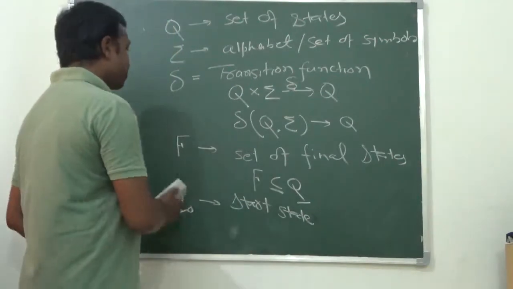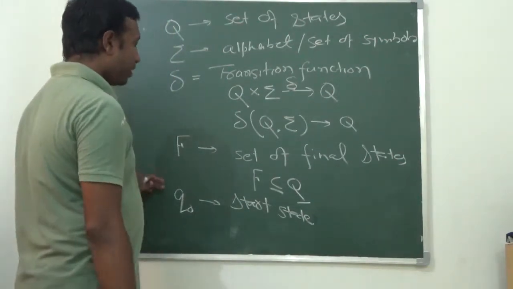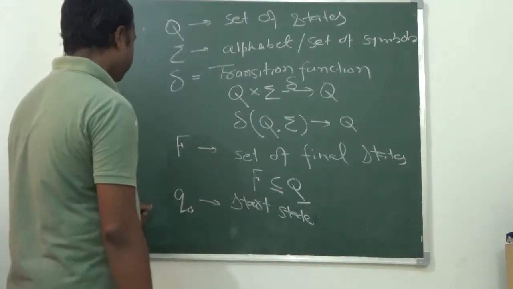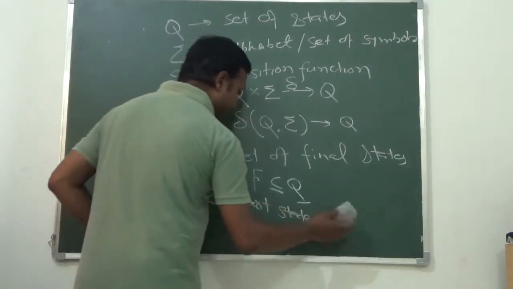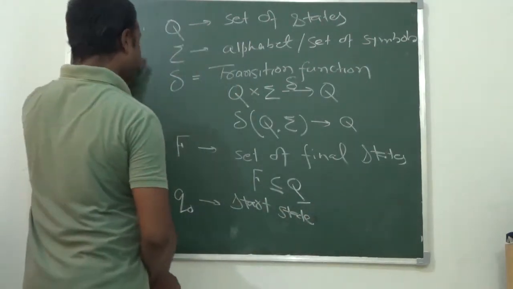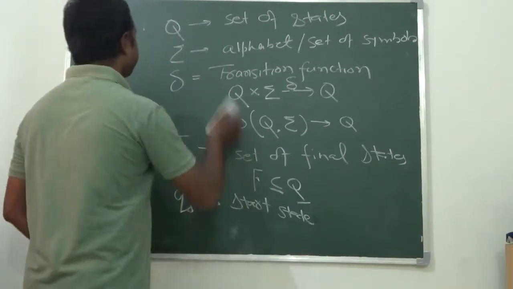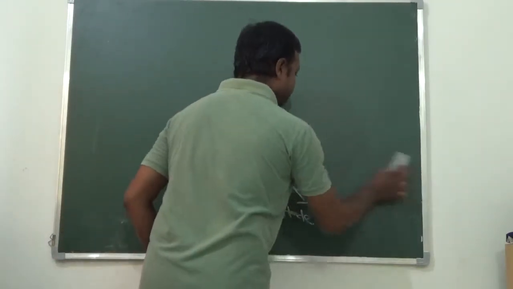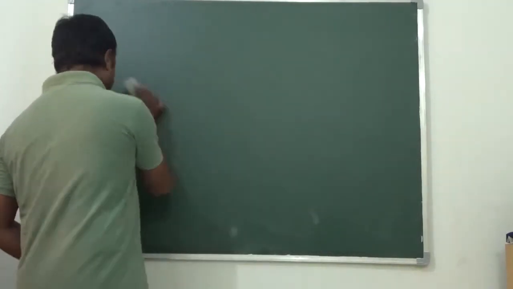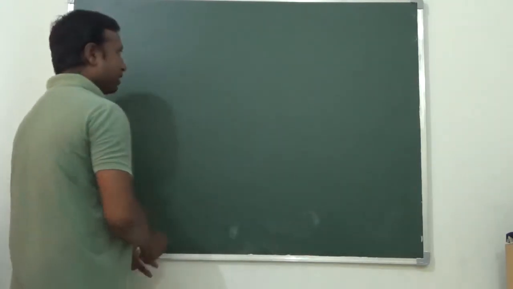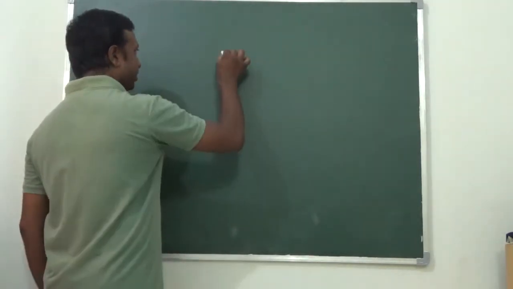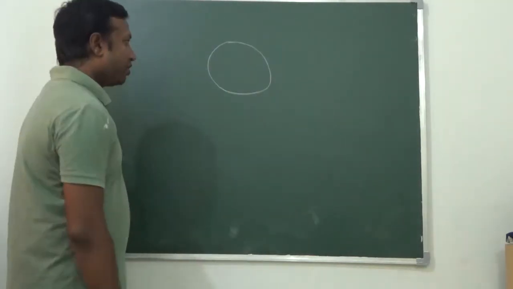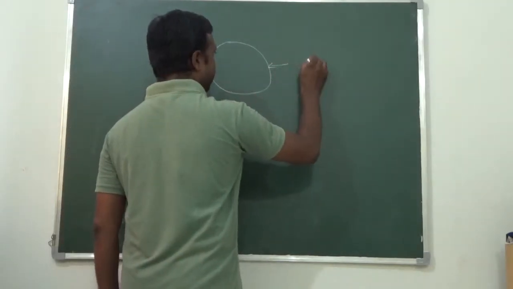Now there are some pictorial representations for states, the final state and the start state, and the transition also. So let's see that pictorial representation. If we want to represent a state, then any state can be represented by a circle.